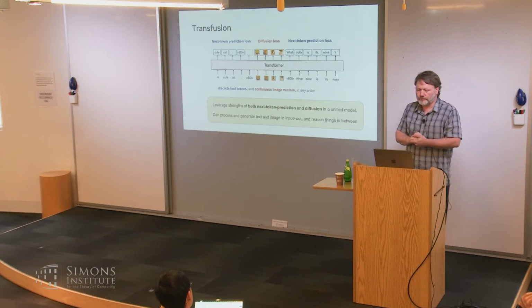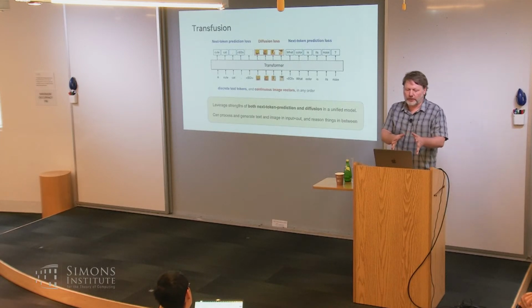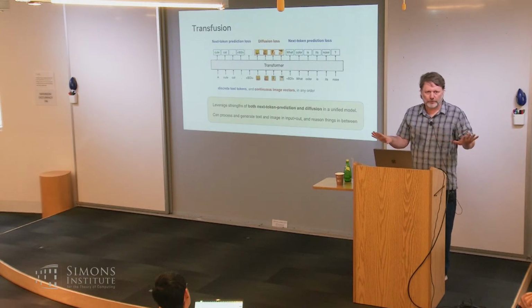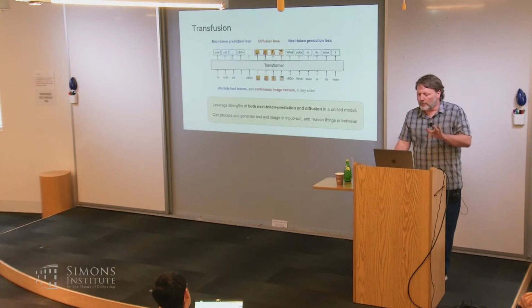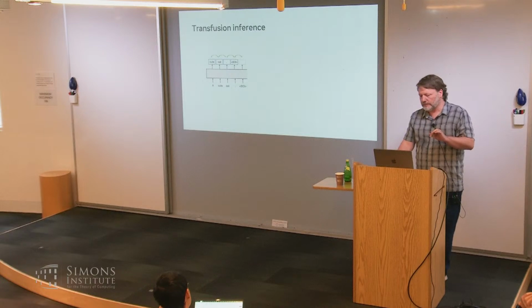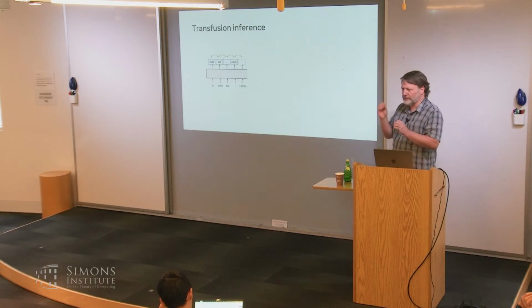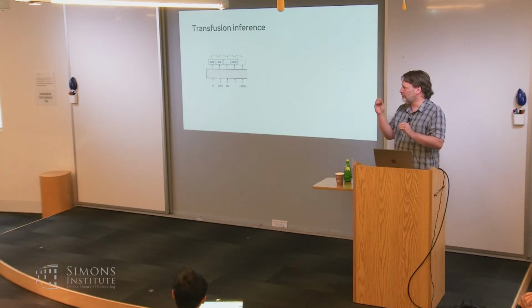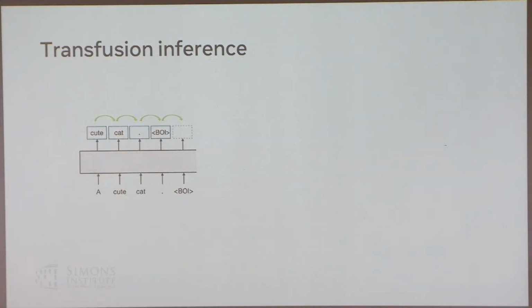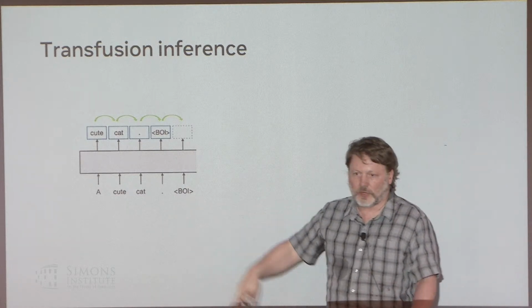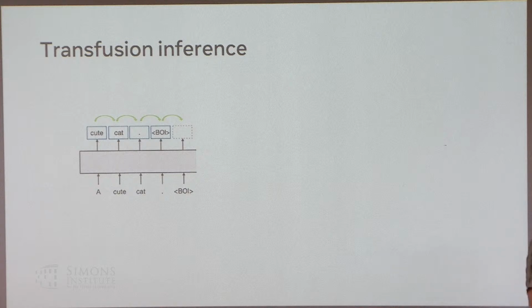Okay, so that's the training story. Super simple, just one transformer for everything. But then, what's the inference story? You can generate like a language model for the autoregressive tokens. You can do beam search, sampling, one token at a time. But when you hit your beginning-of-image token, the model is a mode-switching model, so it fundamentally switches to a non-autoregressive mode.